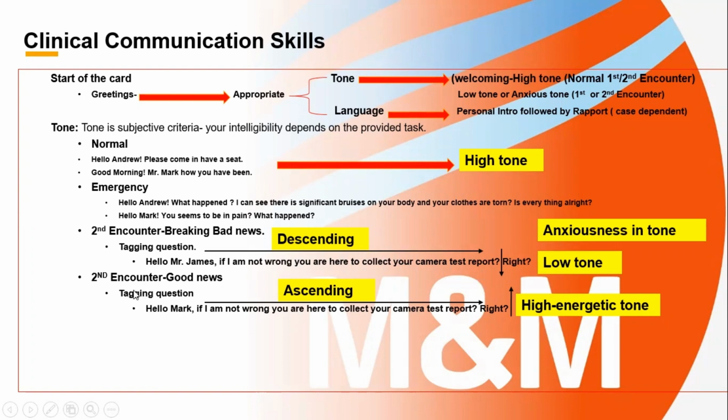However, if you are having a second encounter and it's good news, we can have an ascending tone, specifically high in the last part of the sentence. So we can have an ascending or descending tone, depending upon your scenario.